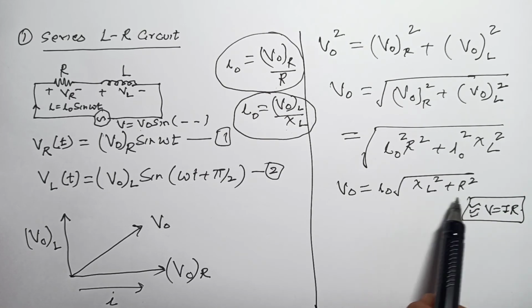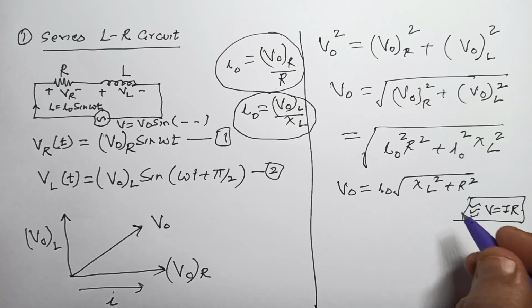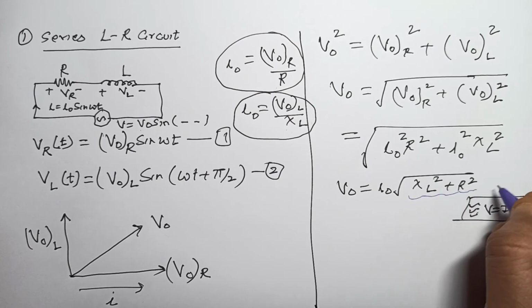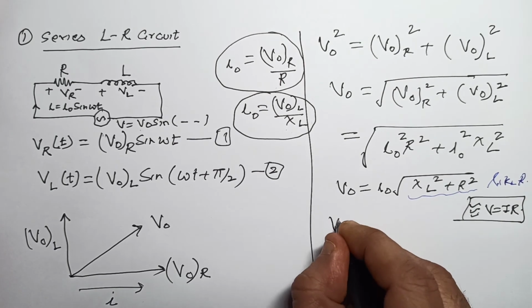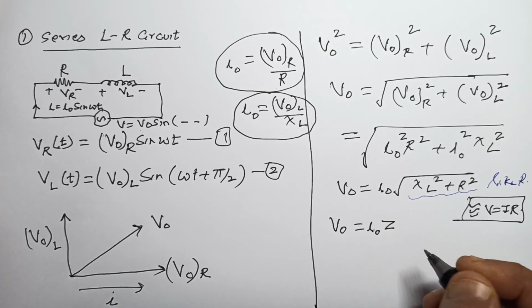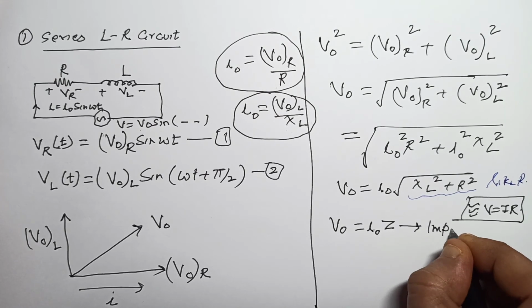So this should behave like a resistance, something like a resistance. So I would say, let me mark it with a different pen, this will be something like resistance, like R. So we represent it as V naught is equal to I naught Z, and Z is impedance.